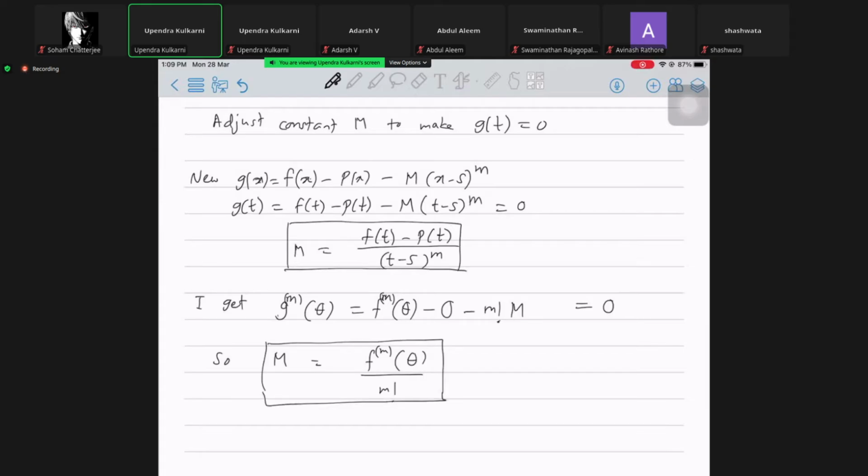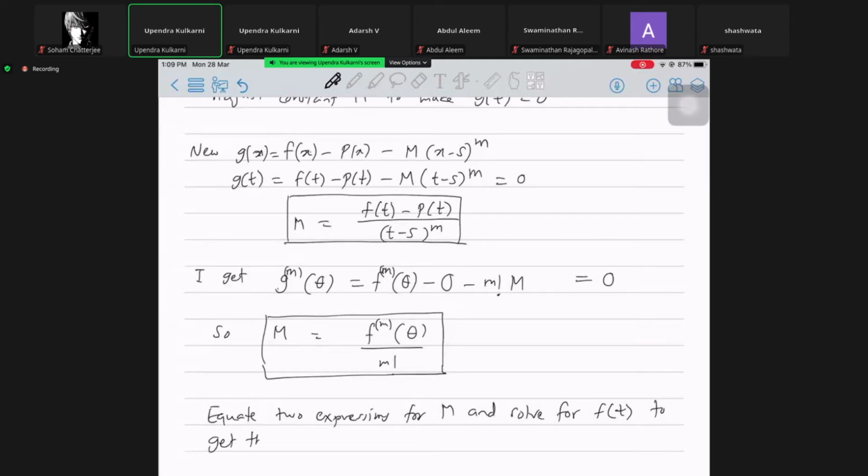So I'm already over time, so I'll just say equate two expressions for m and solve for f of t to get the result. All right. So very nice proof.